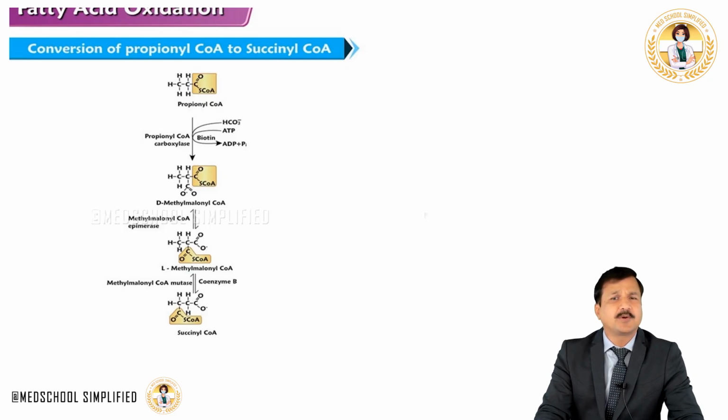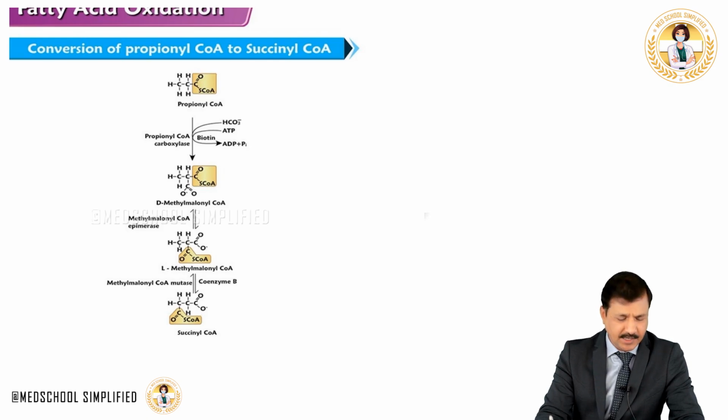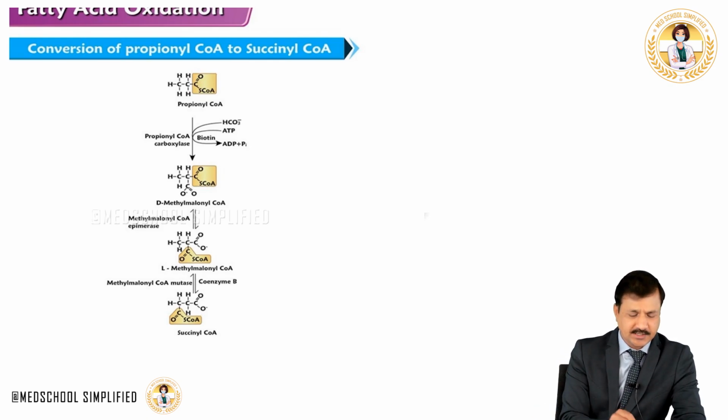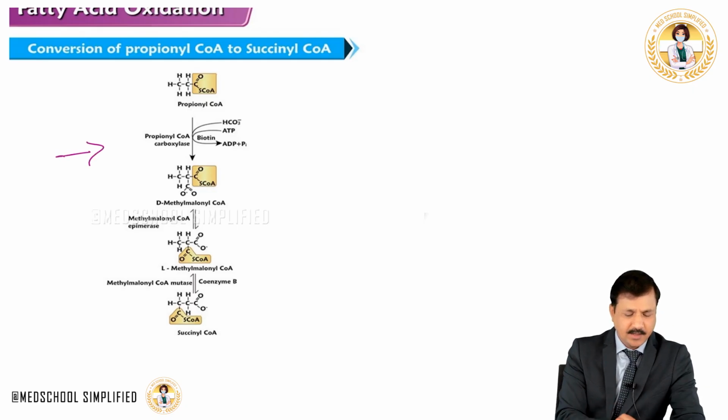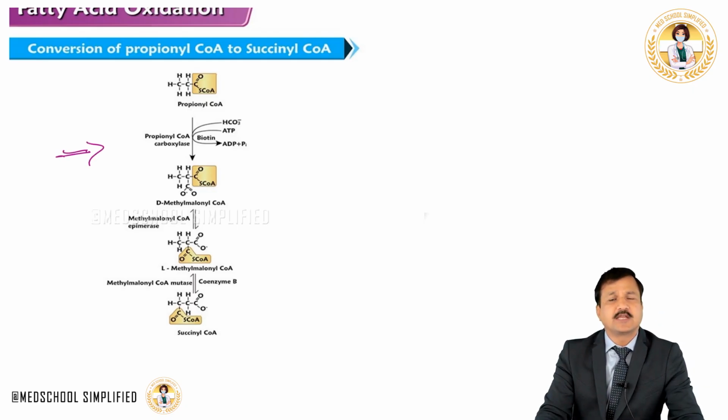Now the 3 carbon propionyl-CoA will undergo a carboxylation process to become 4 carbon methylmalonyl-CoA. That is what is shown here in the first reaction, and this reaction is catalyzed by the enzyme propionyl-CoA carboxylase, which needs biotin as a coenzyme.